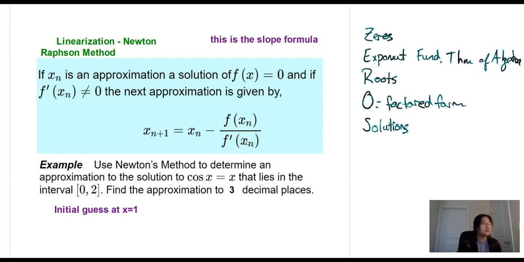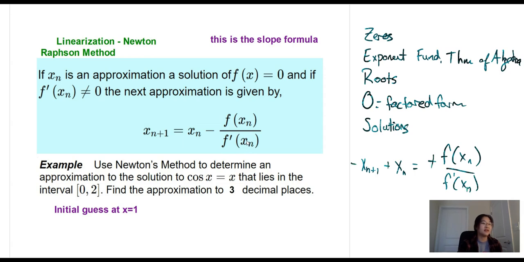And let's just play with a little bit of the algebra here. If we move this around, we get x sub n plus 1 minus x sub n equals negative f of x sub n over f prime of x sub n. And, well, I can negate everything, right?